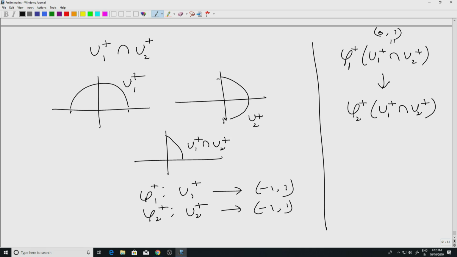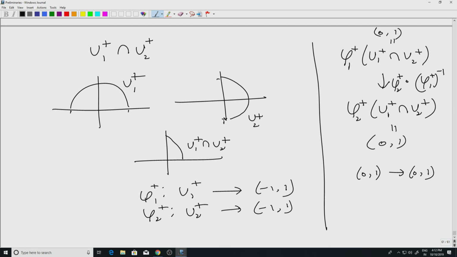Similarly, phi2 plus was looking at y coordinates, which also vary from 0 to 1. So this was phi1 plus inverse composed with phi2 plus, a map from (0, 1) to (0, 1).